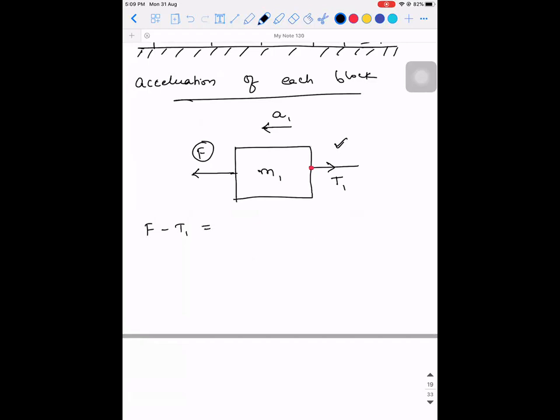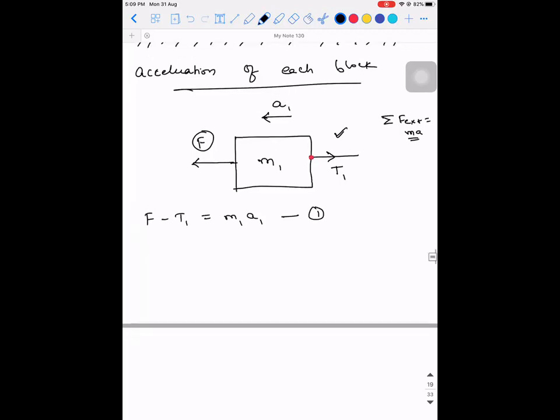So I'm applying the same formula: sigma F external is equal to mass into acceleration. So the mass of the object is M1 into the acceleration of the block A1. I will call this equation number 1. Is there any doubt till here? Is it clear? So this is the free body diagram of whom? First block.